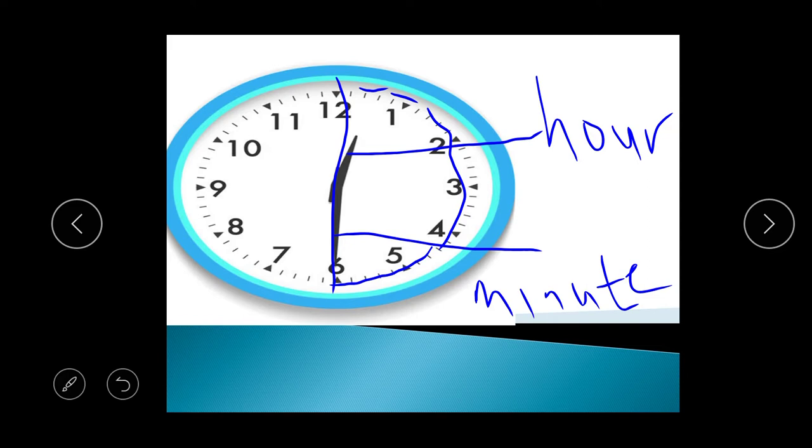Note that the hour hand points halfway between two numbers. It is not facing a particular number directly, okay? But it is in between or halfway between two numbers. Which numbers are we talking about here in this picture? So the hour hand, which is this short hand, is halfway between 12 and 1. Number 12 and 1. Okay?